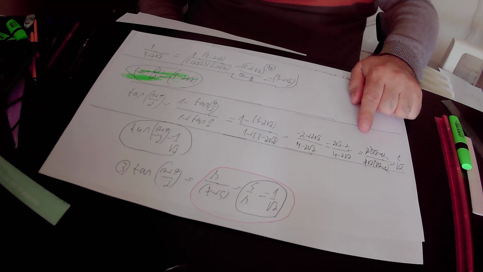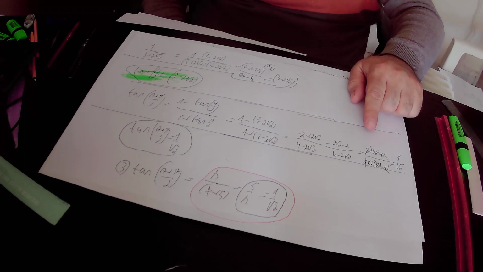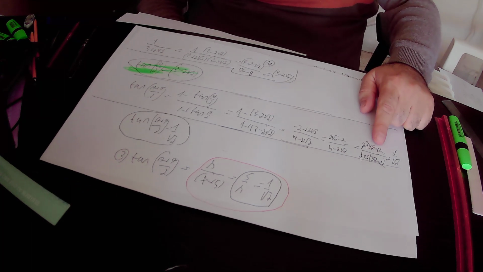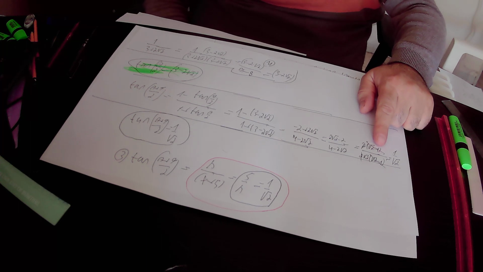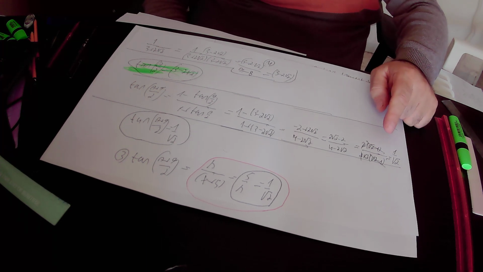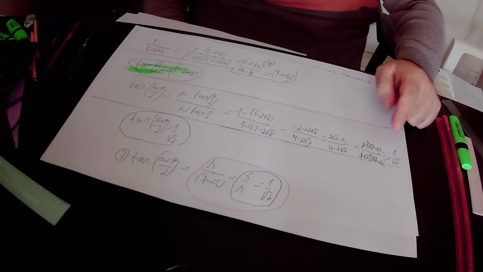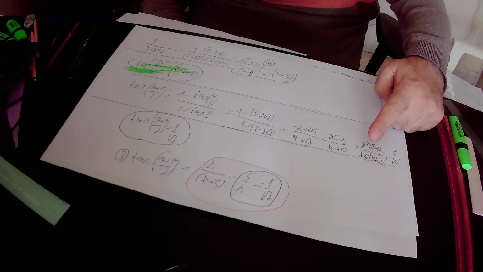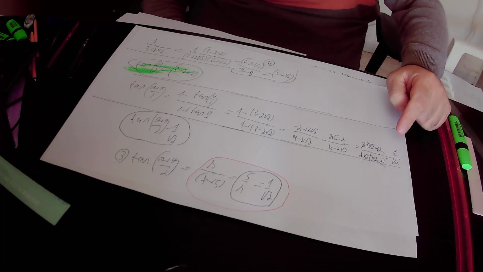Here, from the numerator we took 2 as a common factor, and inside the brackets we have square root of 2 minus 1, and from the denominator we took 2 times square root of 2 as a common factor, and inside the brackets we have square root of 2 minus 1. Square root of 2 minus 1 over square root of 2 minus 1 will get cancelled, and 2 over 2 will also get cancelled, and we are left only with 1 over square root of 2.